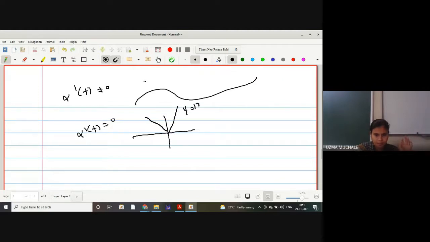At x equal to 0, you cannot find the derivative. So alpha dash of t not equal to 0 ensures that your curve is not going to stop anywhere, and it does not have any peak.